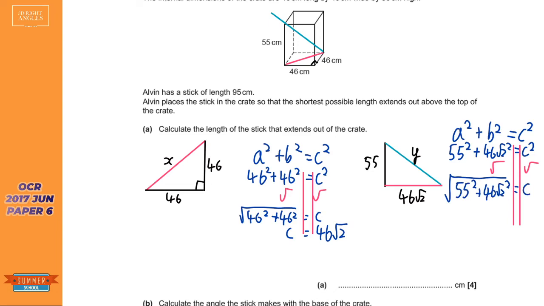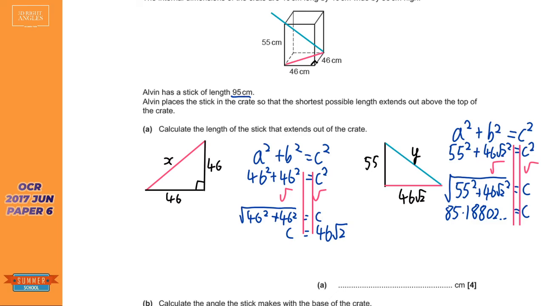And I've still got that on my calculator, so what I can do is square root 55 squared plus answer squared, and that says that c equals 85.18802 blah blah blah.